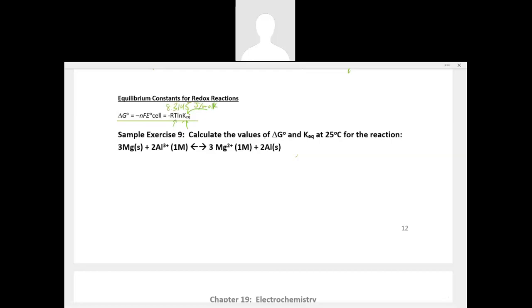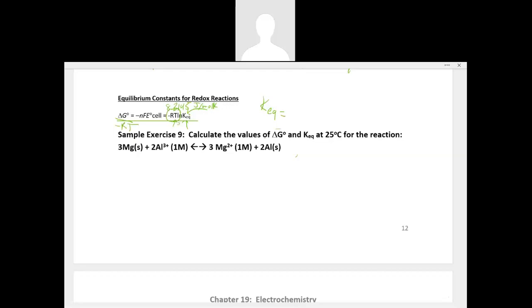But say we can calculate the value of delta G or K eq. We can also rearrange this equation as needed. So I'm going to write another form. Once we find our delta G, we can solve for our equilibrium constant. If I rearrange this, I could divide delta G by negative RT, and that would leave me natural log of K eq.